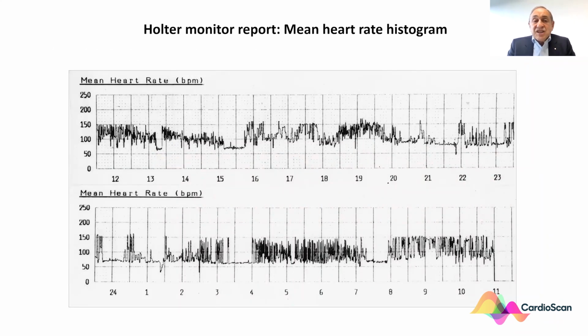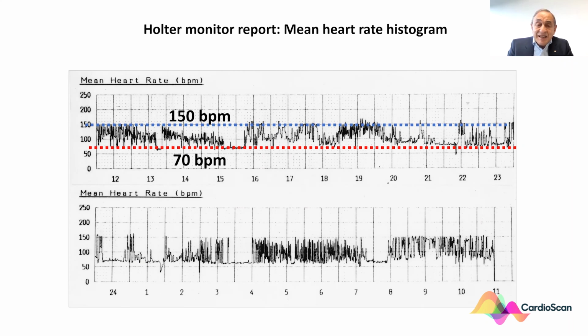When one looks occasionally at the Holter monitor report at the mean heart rate histogram, one sometimes sees rather frightening rate changes that occur throughout the tracing. You can see that the upper rate is set at 150 beats per minute, and for probably close to 50% of the time or more, the pacemaker is running at 150 beats per minute, whereas at other times it's at 70.